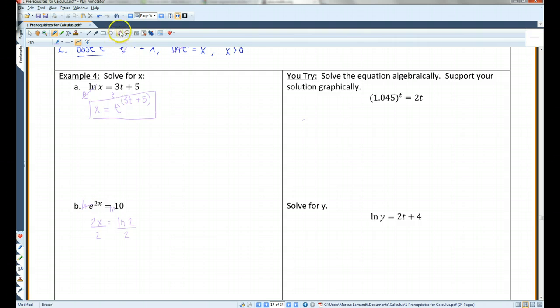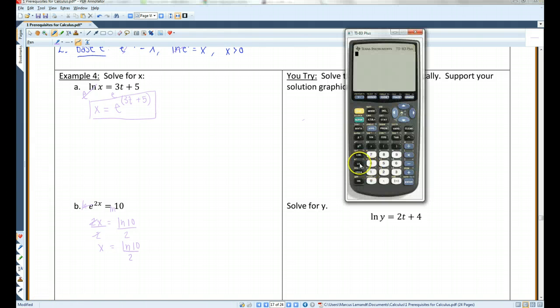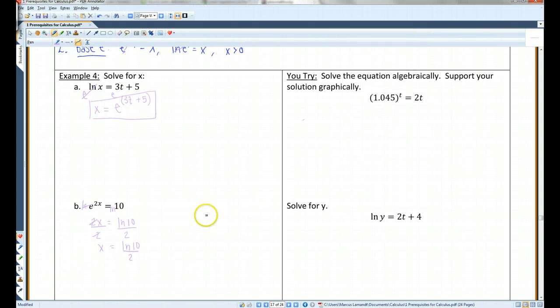My bad. So x equals ln of 10 over 2. And if I pull out the calculator, I've got ln of 10 divided by 2. So approximately 1.15-ish.